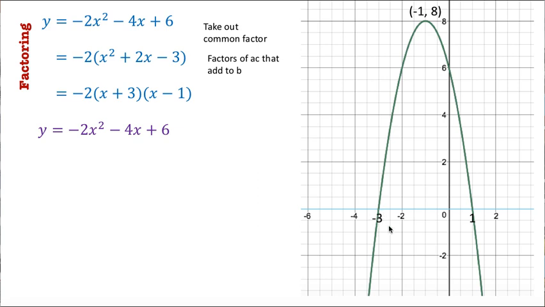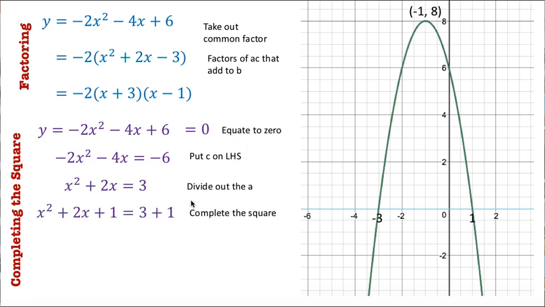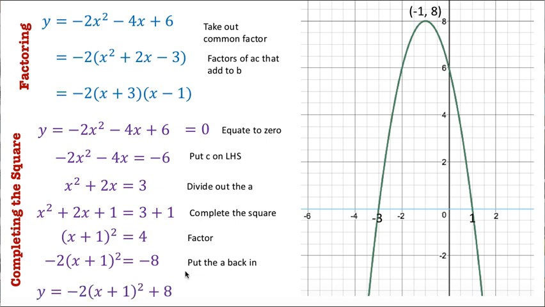Gives you -3 and +1 in your answer. Okay, now completing the square to change it to vertex form: make it equal to 0, put the c on the left hand side, divide by a, complete the square, factor it, and then put your a back in, and then rewrite your answer.